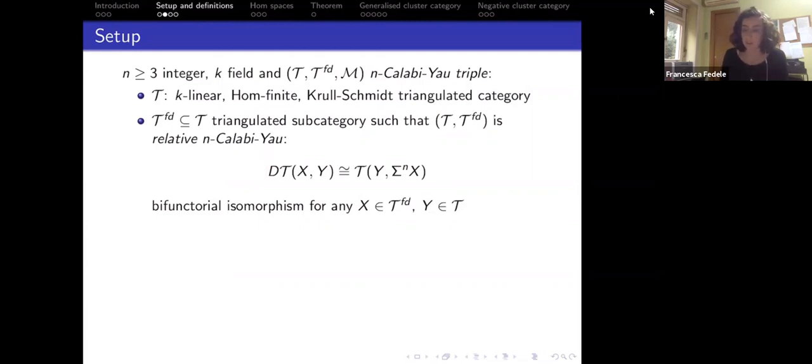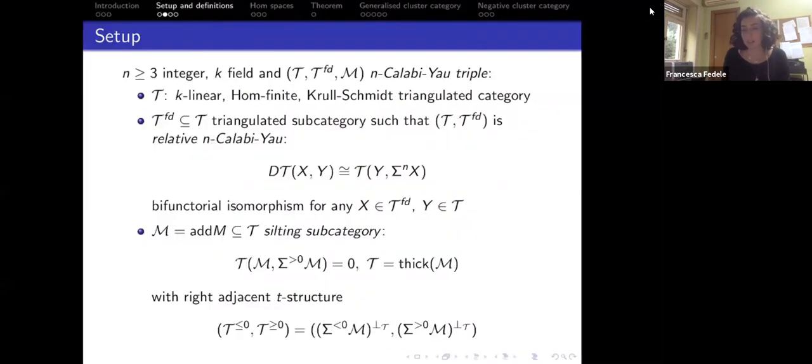We're assuming a bifunctorial isomorphism of this form, where Y can be anything in T, but X has to be something in T_fd. So it might not be true for some general object X in T, but it has to be true when X is in T_fd. In particular, if T were n-Calabi-Yau, then it would be relative n-Calabi-Yau with respect to any triangulated subcategory.